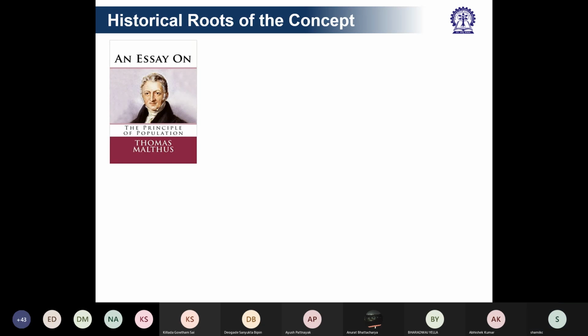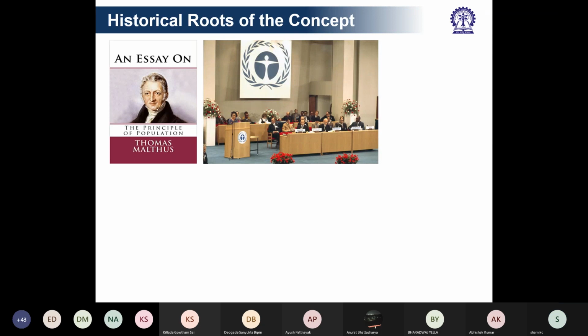So what happened thereafter was in the following year. Okay, so later in 1972, there was actually a conference that was held.